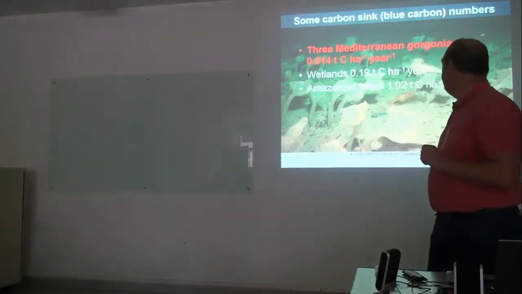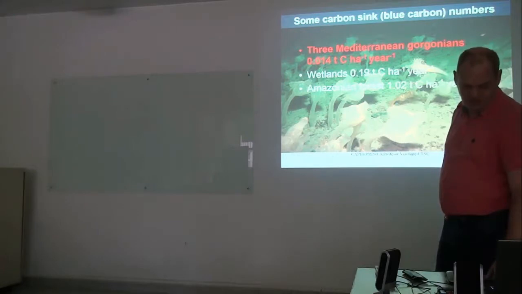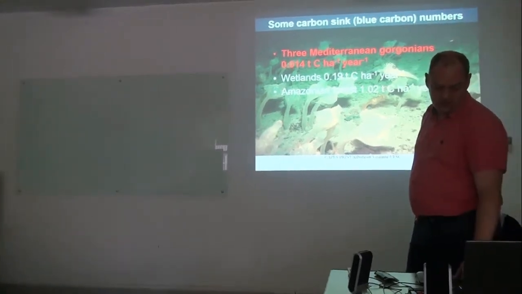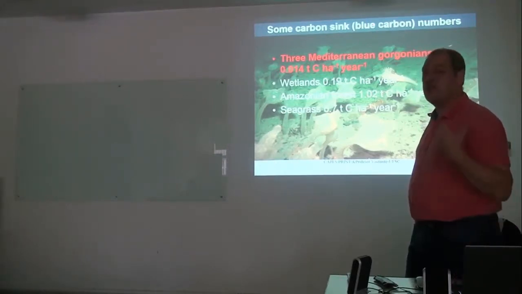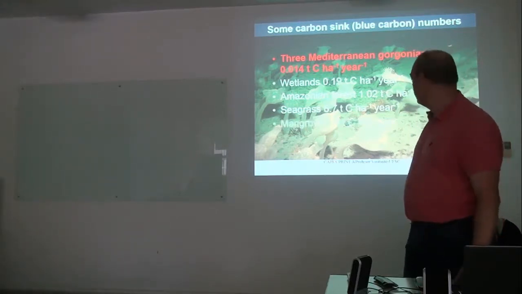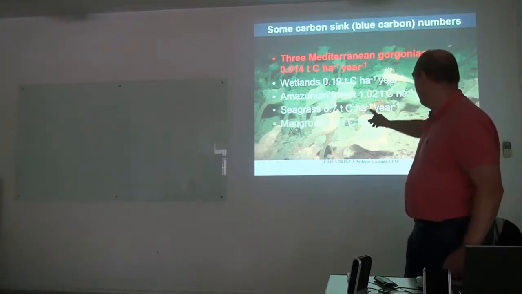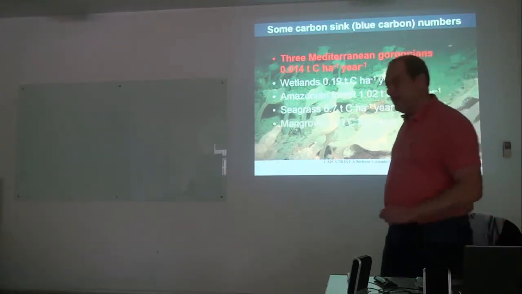Amazonian forest, 1.02 tons of carbon per hectare per year, which is almost two orders of magnitude. Seagrasses, 6.7 tons of carbon per hectare and year, which is a huge quantity, and mangroves, which is 1.5 tons of carbon per hectare per year, approximately.